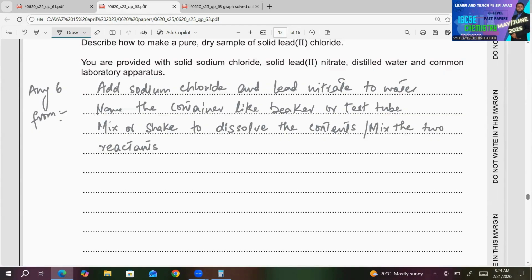Then I want to get lead(II) chloride. So need to filter. Get lead(II) chloride as residue. Then you can wash the residue with distilled water.